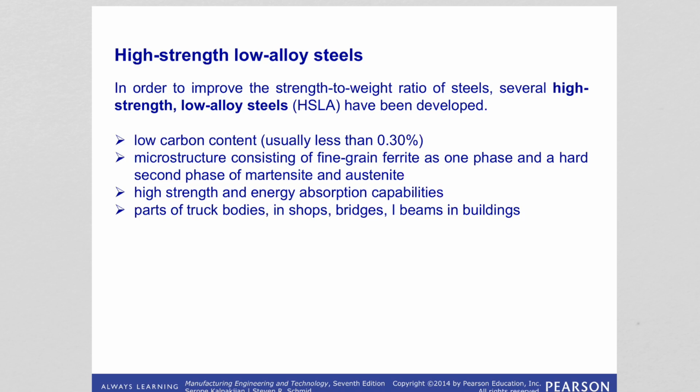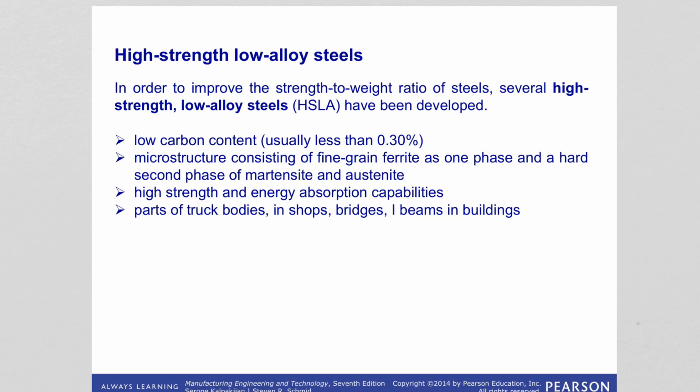They have additional alloying elements. Therefore, they have mechanical properties that are better than those of the plain carbon steels. So these can have high strength, hardness, wear resistance, toughness.